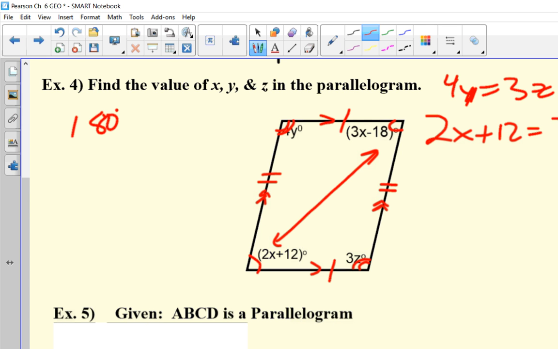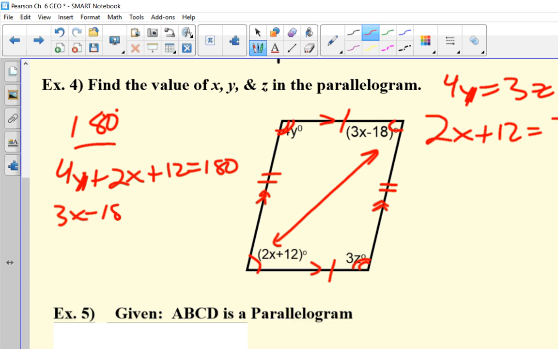I could also say, just coming over here to the 180 side, 4y plus 2x plus 12 is equal to 180, but I got 2 different variables. That doesn't help. I could go 3x minus 18 plus 3z is equal to 180 again, but once again, I got 2 different variables. And I just want to point something out here. My transversal really goes in 2 different directions.